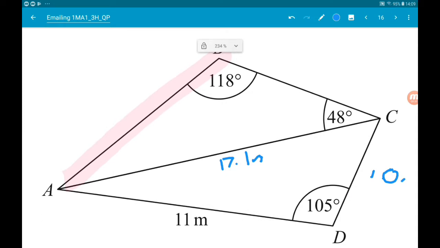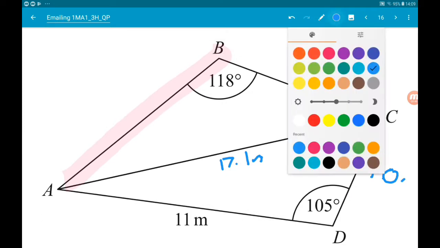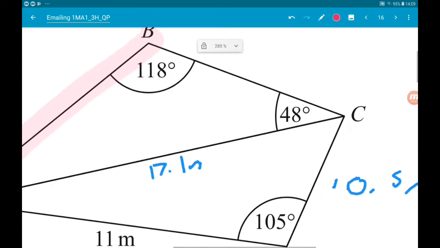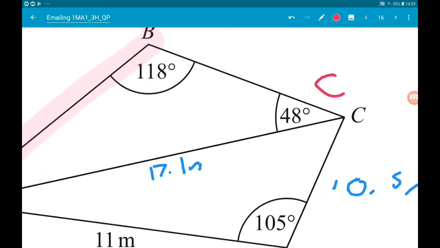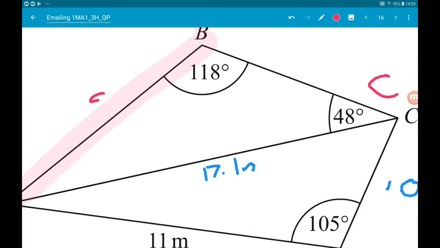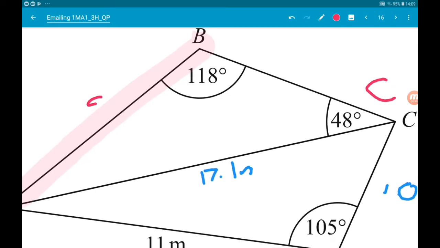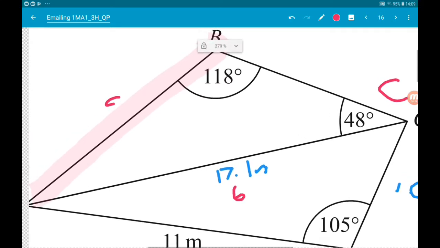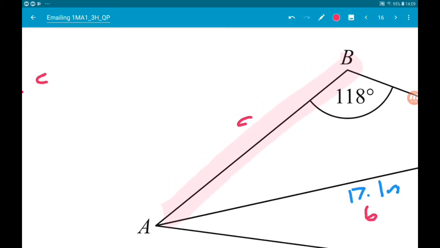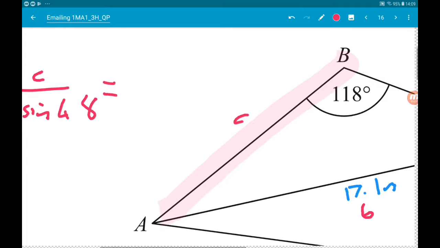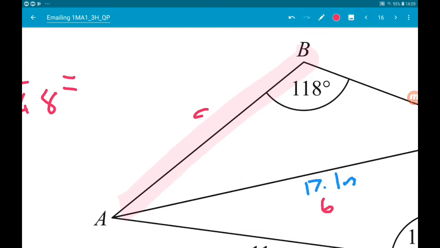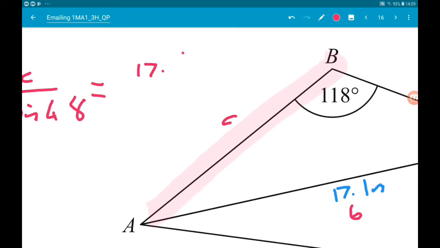So now finally, by the sine rule, let's see, so we know this angle C, so we'll call this side little c, and this angle up here is called big B, so we'll call this side little b. By the sine rule, c over sine 48 is equal to 17.1 over sine 118.